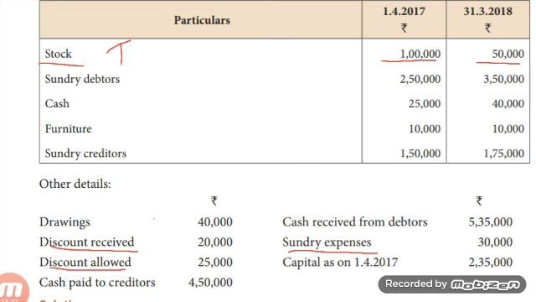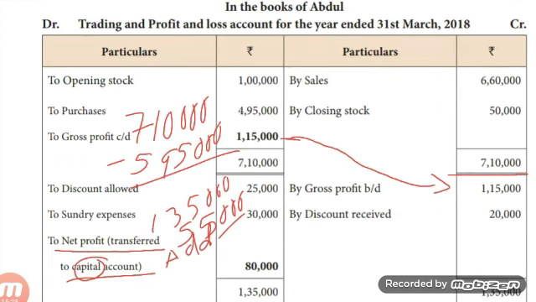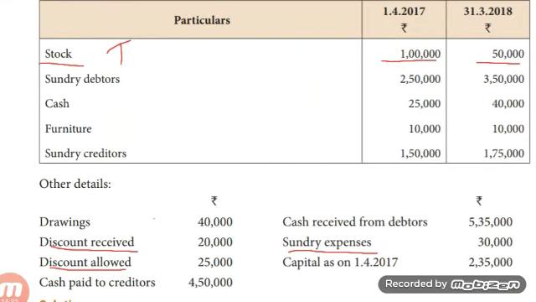First enter the opening stock in the trading account as to opening stock 1 lakh. Then just after entering the opening stock, you don't enter the closing stock. First complete the debit side items. Now we entered the opening stock.